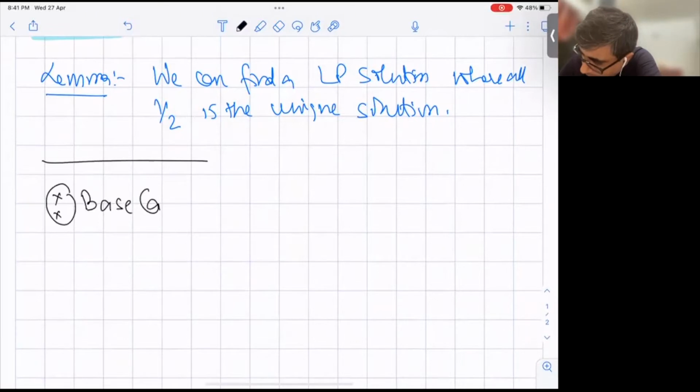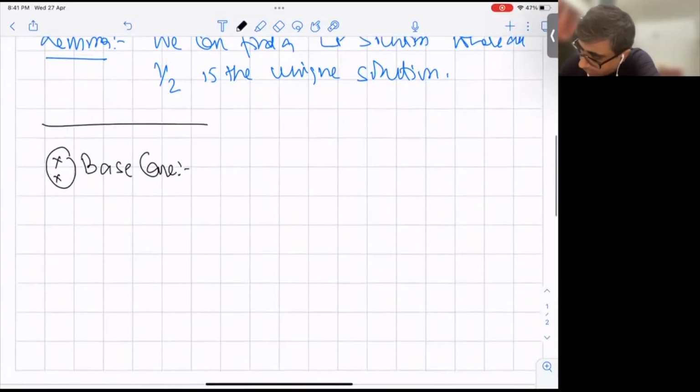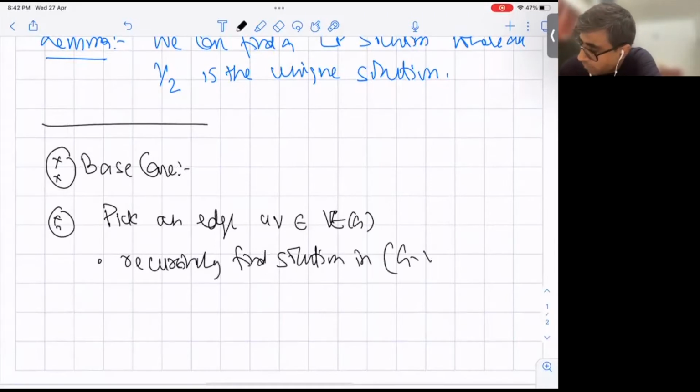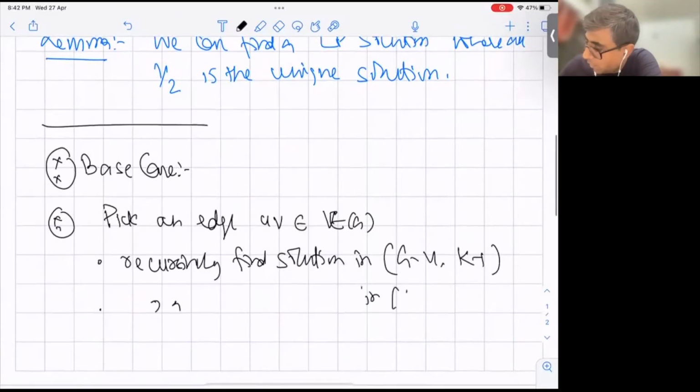We had some base cases, and then we said, pick an edge UV in my graph and recursively find a solution in G minus U, K minus 1, or G minus V, K minus 1.